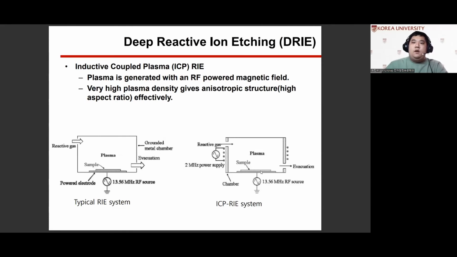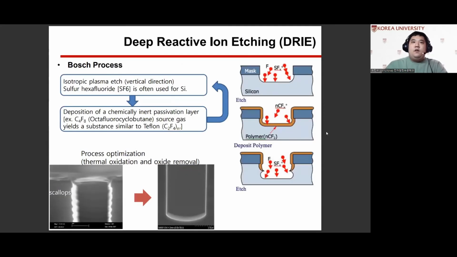Not only with an electric field, we can even apply a magnetic field to accelerate the ions even more and much stronger. This batch process is one of the most widely used deep reactive ion etching processes.